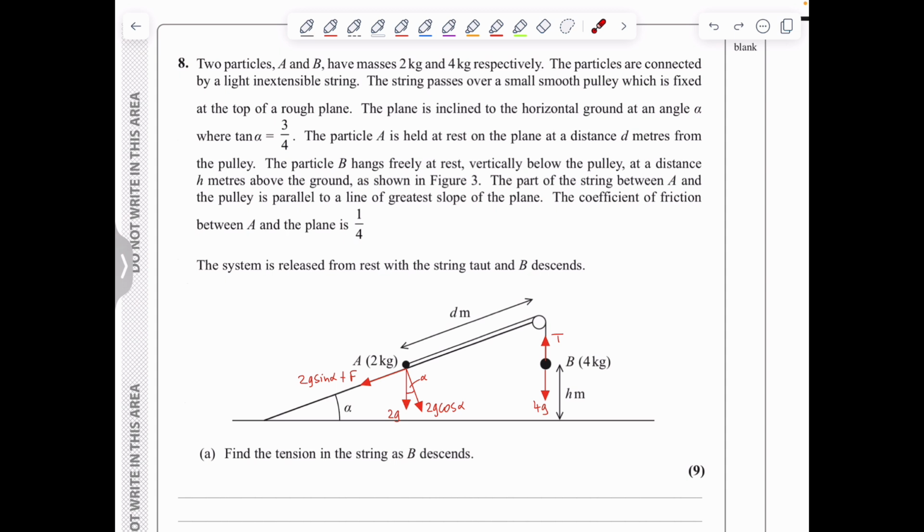And you also have the friction here, because as B goes down, A will move up, and therefore we've got friction opposing motion. We've got the tension as well pointing upwards. We've got the reaction perpendicular to the plane, and since the string is inextensible, both A and B are moving with the same acceleration, a.